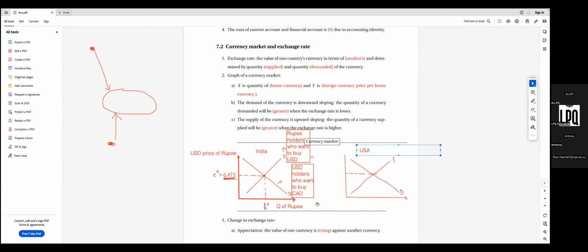This time they are USD holders. Oh, I made a mistake.